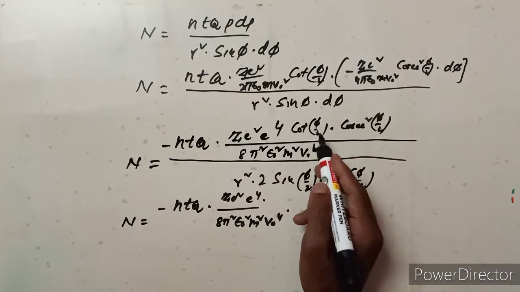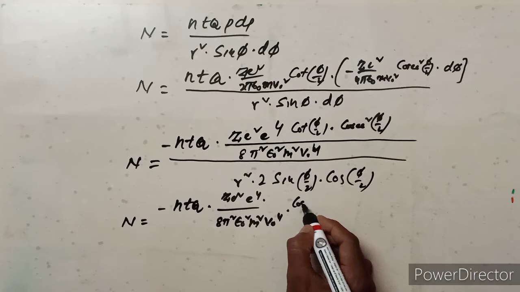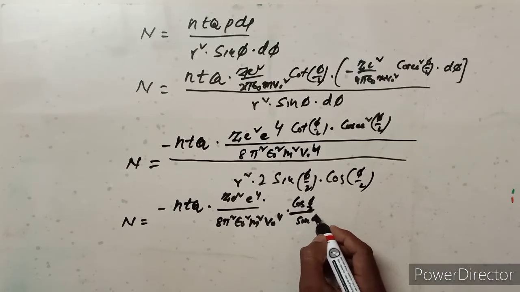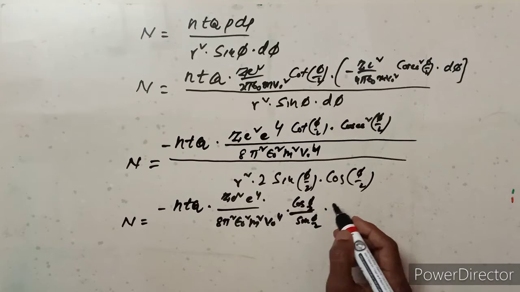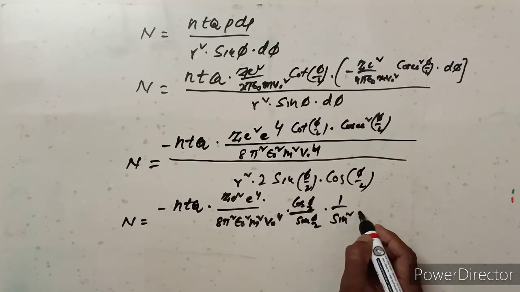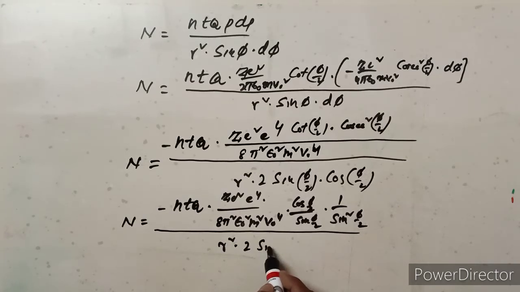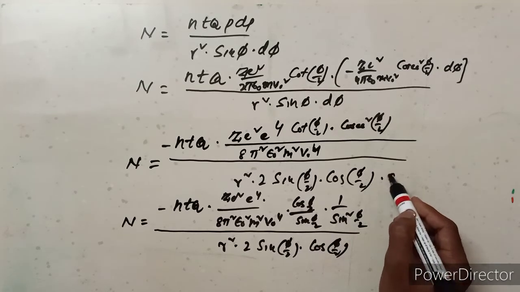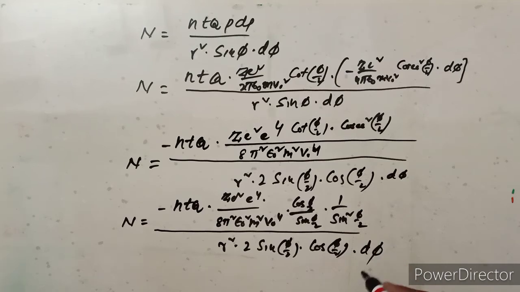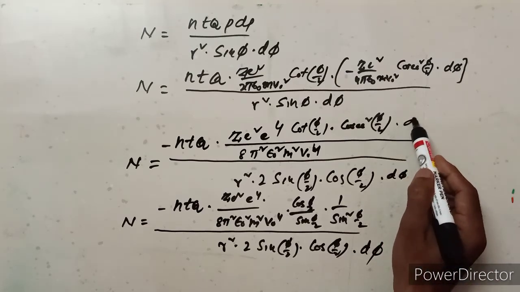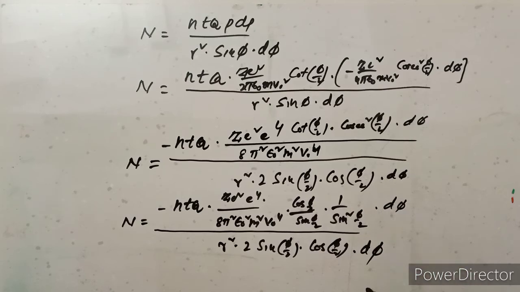Remaining cot means cos upon sin, so this is 1 upon sin square, remaining r square 2 sin phi by 2 cos phi by 2. Here d phi and d phi cancel, and cos phi by 2 cancels.